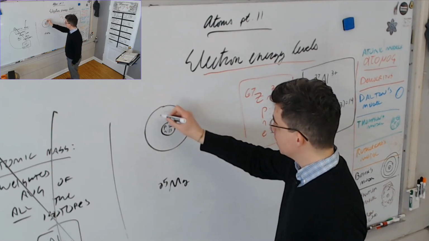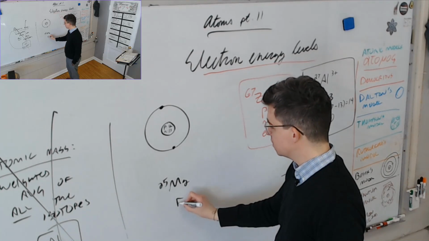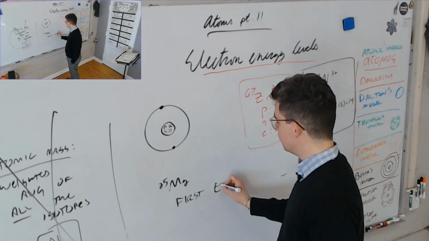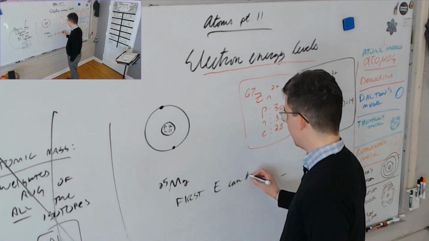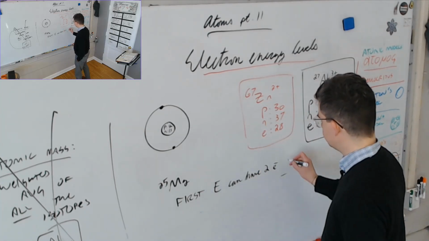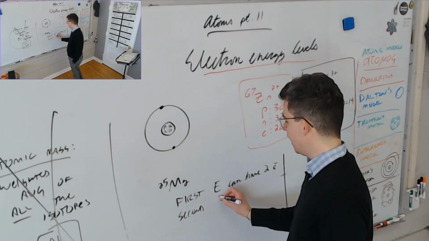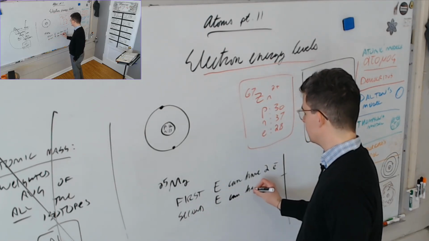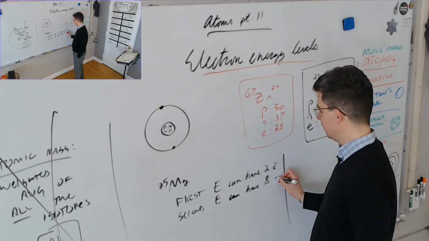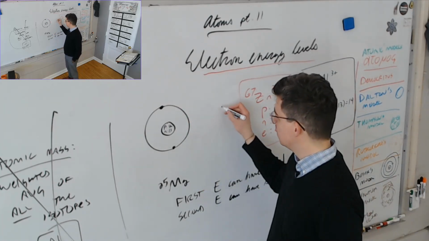The first energy level can have 2 electrons. That's all. Just 2. I'm going to give you a formula after this. The second can have 8 electrons. Okay, so how many do I put in the next level? How many am I trying to get to altogether? 12.